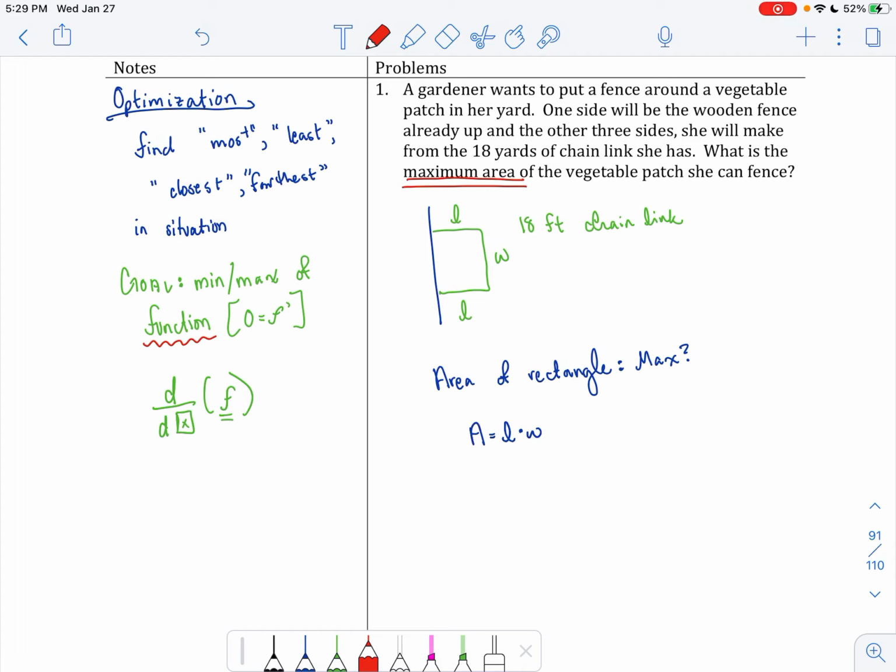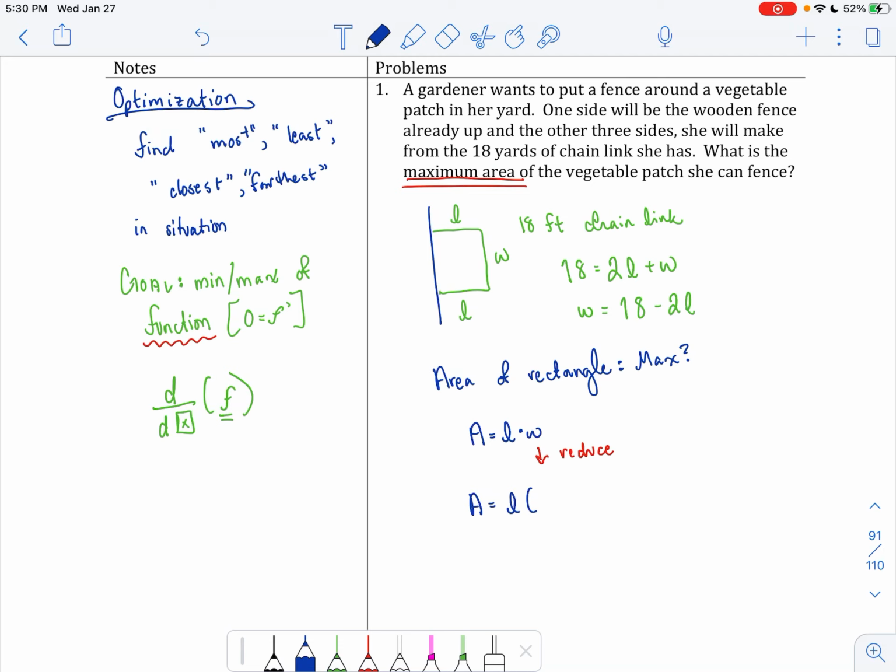There's going to be some sort of specific given, such as we see here, and that'll allow us to say, for example, in this case, 18 feet is equal to 2 lengths plus a width, and so that's how I can reduce my variables, which means that one width is equal to 18 minus 2 lengths. And so when I reduce the variable here, it's only in terms of L.